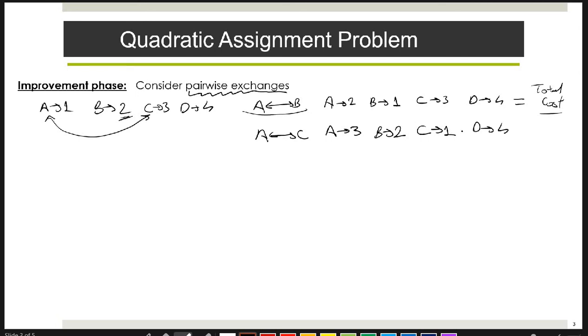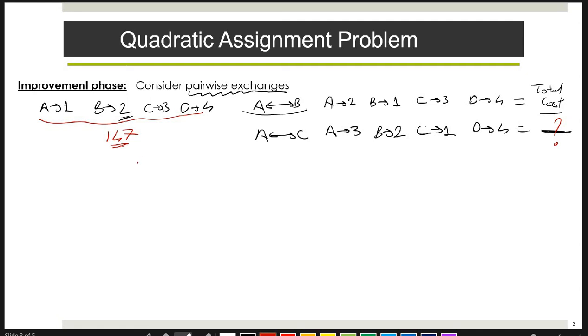So we are selecting a pair of machines and replacing their positions and calculating the cost. And compare it with the cost of the initial solution. Remember, this initial solution, we calculated the cost to be 147. Now, if the cost here is less than this initial one, what does it mean?